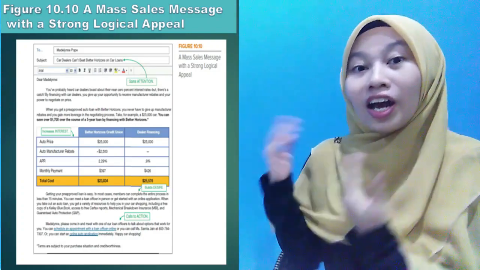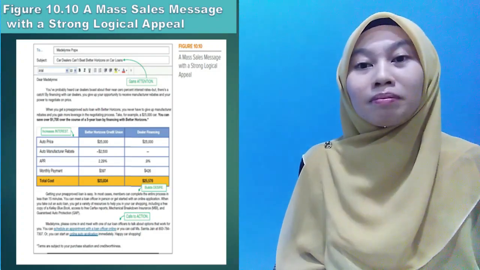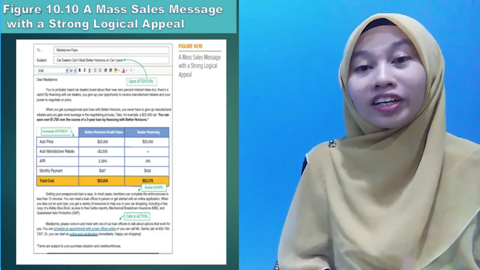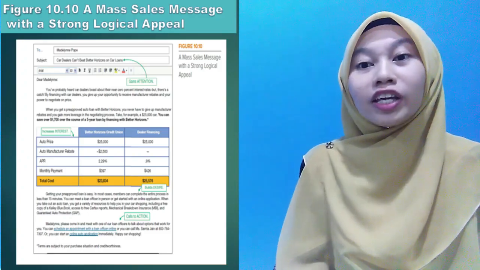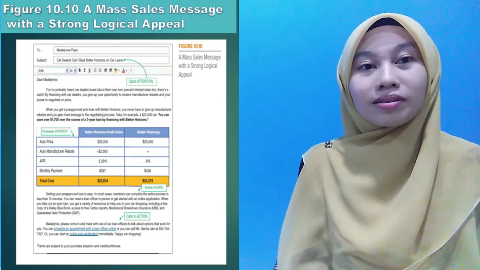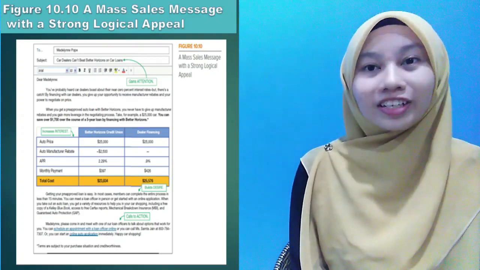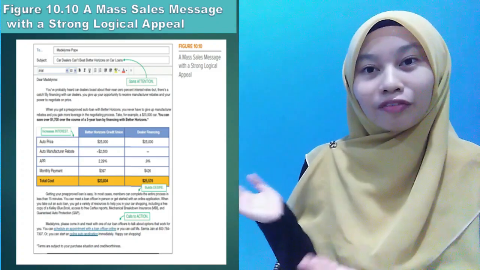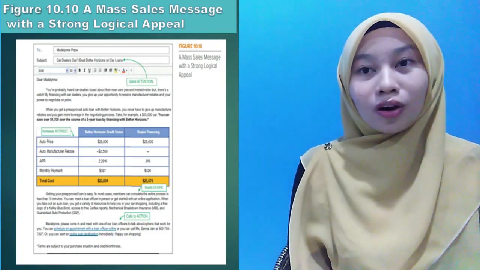In the figure, you can see the mass sales message that Hadis and her colleague created to promote the credit union's auto loans. In the first message, the central selling theme is price. So, the attention getter focuses on this theme in the subject line and opening paragraph. The first paragraph arouses interest.